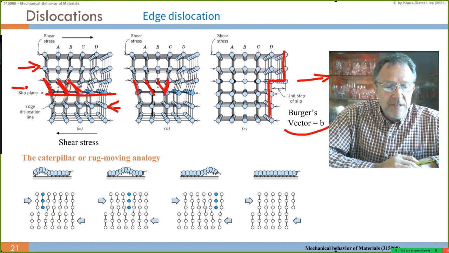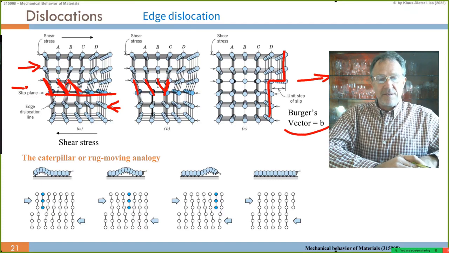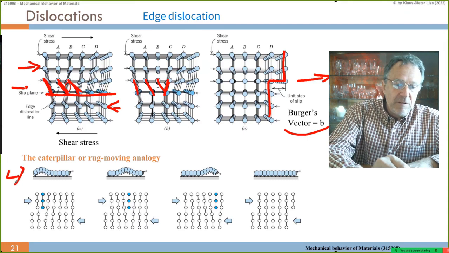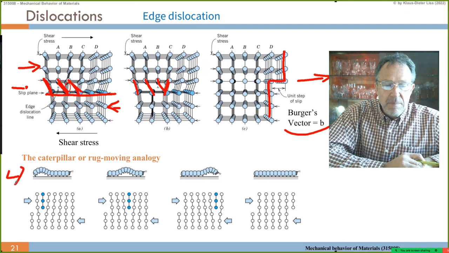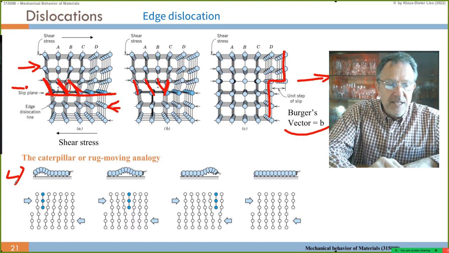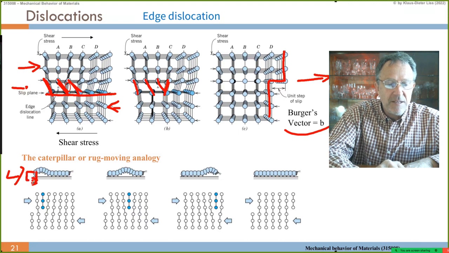In other words, there's this analogy where we have a caterpillar. The caterpillar lifts up the back, the tail, and pushes it a little bit forward. So when it was straight, the tail was here, then it was pushed forward by this Burgers vector.